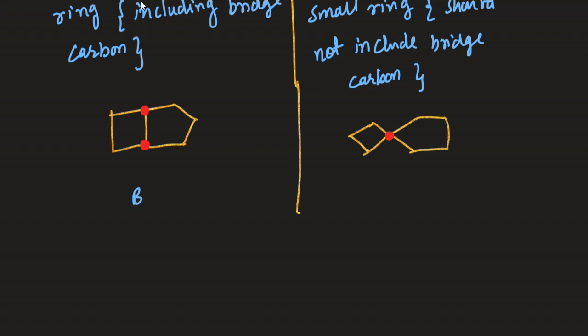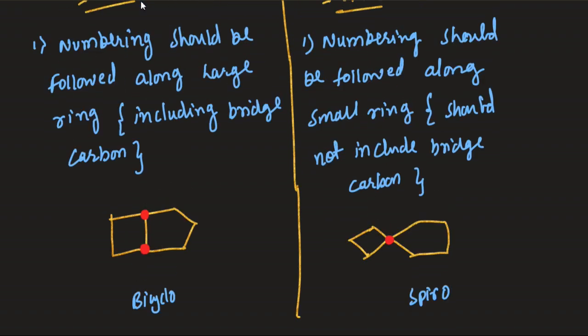So hence I will call this bicyclo, and here I will call it spiro. Now what they are saying is numbering should be followed along the larger ring, including bridge carbon. This is a 4 carbon ring and this is a 5 carbon ring. Yes or no? 4 membered ring, 5 membered ring. So numbering should be started from the higher number of carbon, right?